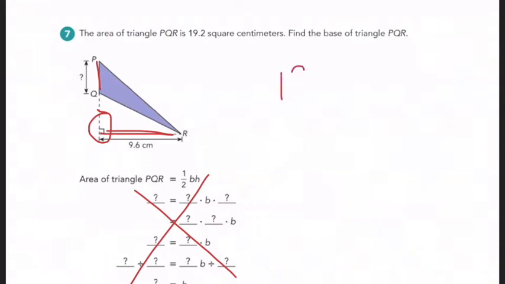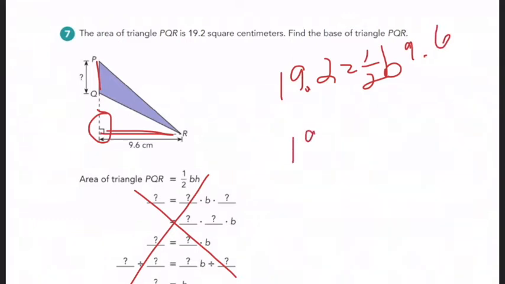Okay, so our answer would be 19.2 is our area equals 1/2. I don't know what the base is, times the height, which is 9.6. So 19.2 equals, I'll take half of 9.6, and that is 4.8.